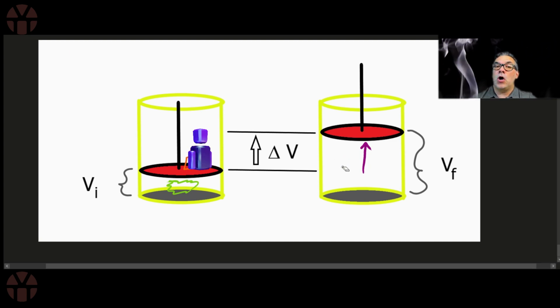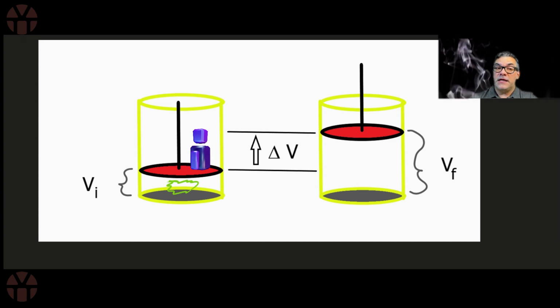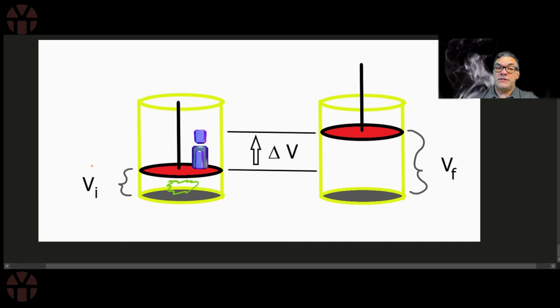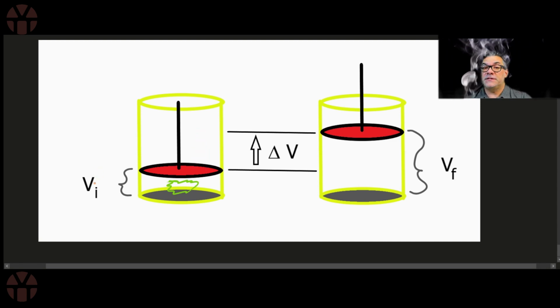Now, because all of this is happening three-dimensionally, the better way to say this would be as follows. Initially, my piston had an initial volume. The substance inside ignited, and we ended up with a final volume.